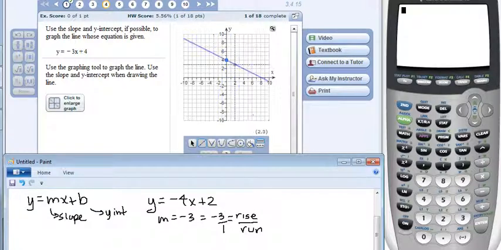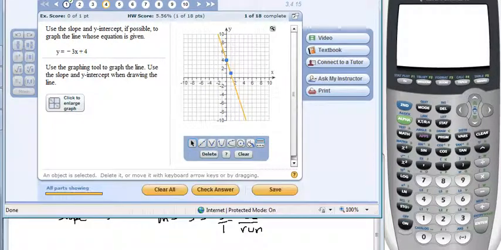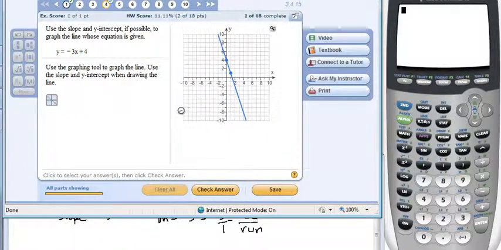So from this point, I'm going to go down 3, 1, 2, 3, and to the right 1. And there's my line. I've got a negative slope, so that means it's running downhill, which is good. It's going through the point 0, 4. Pretty easy when you've been given an equation like this to graph it.